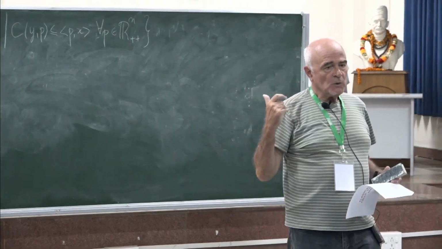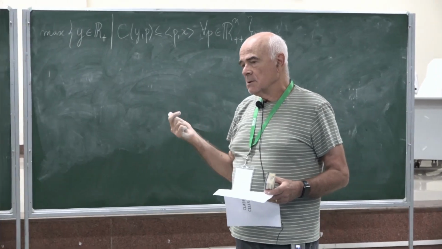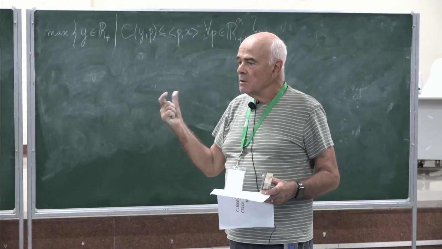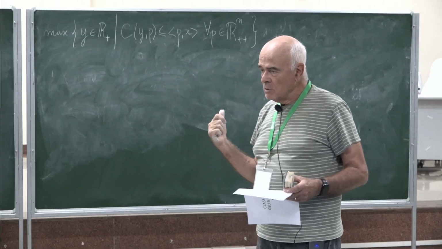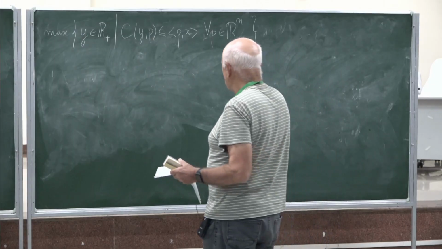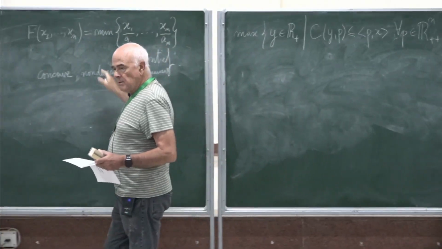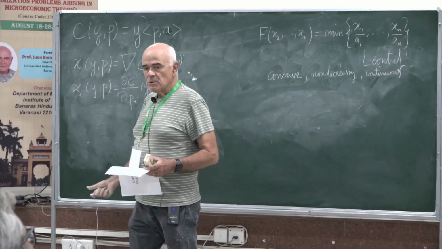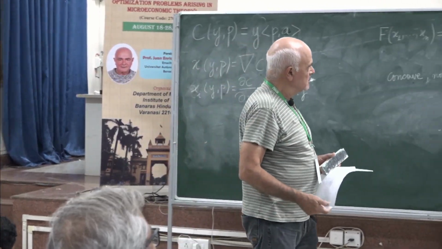This is the formula that allows us to compute a production function inducing this cost function. But we know that this production function, x is given, will coincide with the original one if the original one is regular, which is the case now.